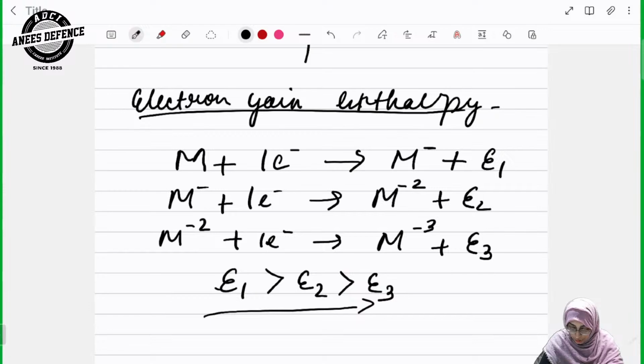So E2 becomes endothermic in comparison to E1. Means the electron gain enthalpies go on decreasing as the addition of electrons becomes more and more difficult.